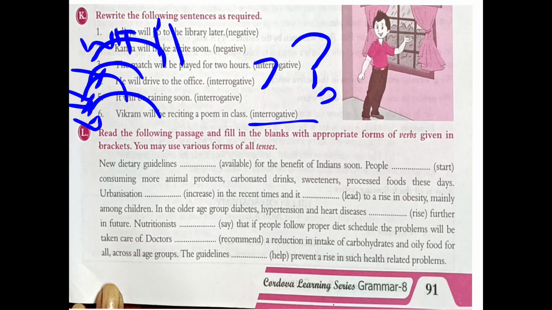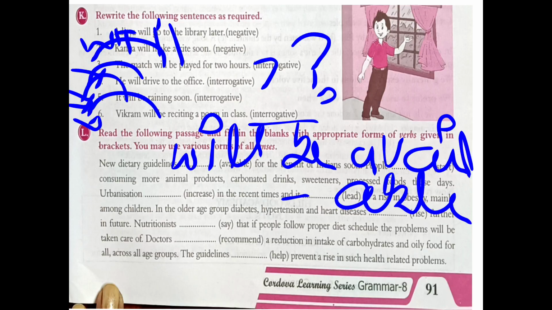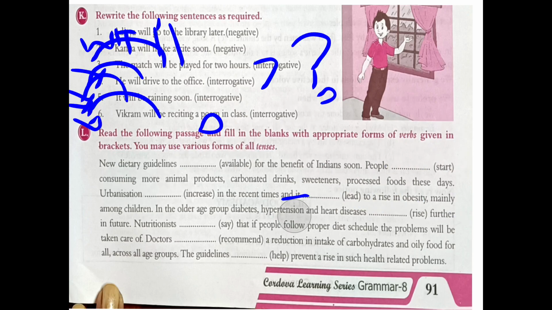Read the following passages and fill in the blanks with appropriate forms of the verbs given in the brackets. You may use various forms of all tenses. Now new dietary guidelines will be available. Will be available for the benefit of Indians soon.